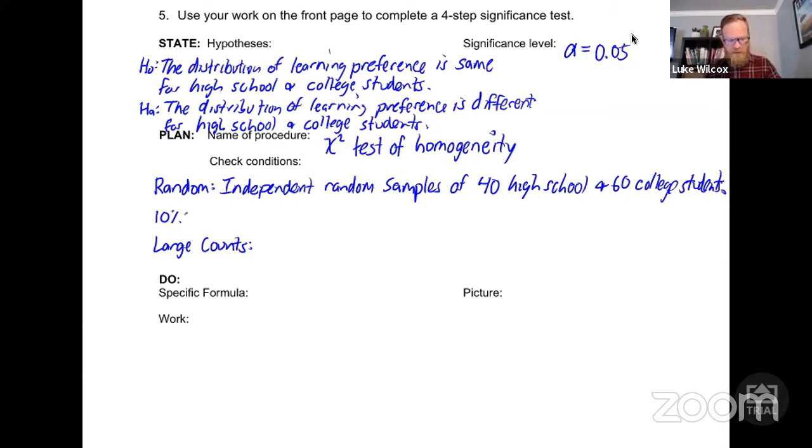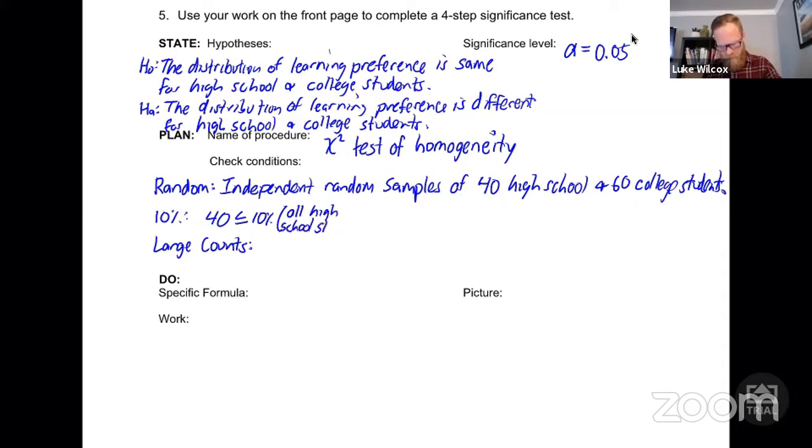Okay, 10% condition, remember, we only have to check that if we're sampling without replacement. And in this case, we were sampling without replacement. We didn't take one student out and then replace them back into the pool. And so we do have to check the 10% condition, and we have to check it twice, one for each sample. So for the high school students that we sampled, 40 has to be less than 10% of the population of all high school students.